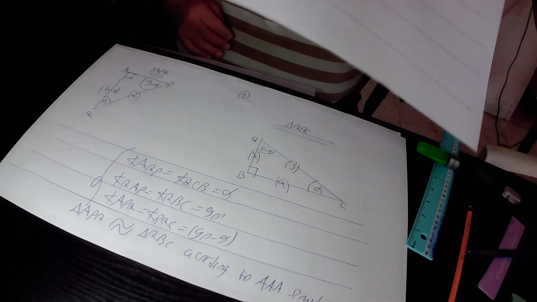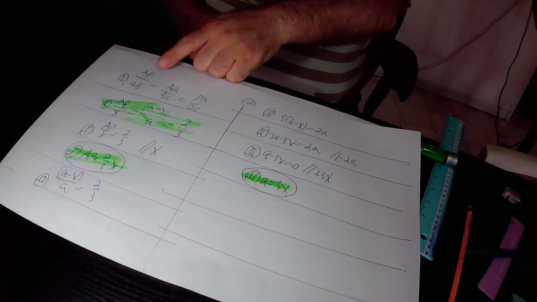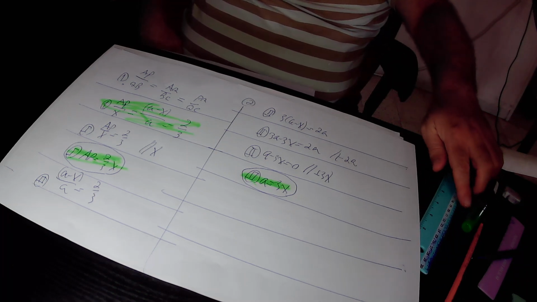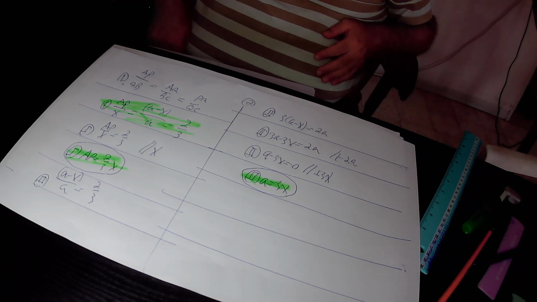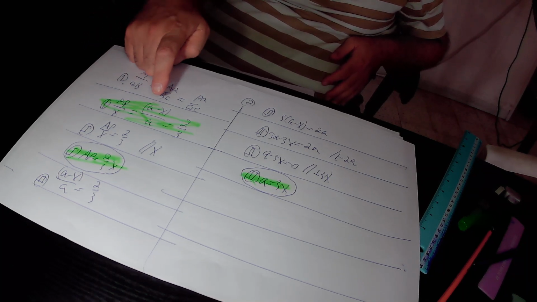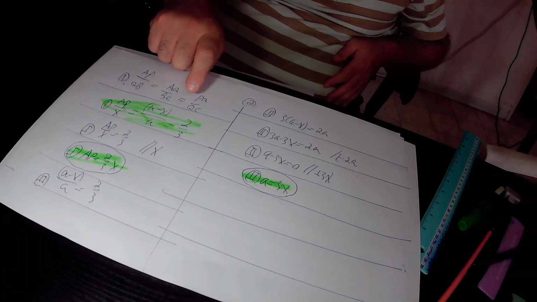Again, according to equation 1, AP over QB equals AQ over BC equals PQ over QC. AP is the missing side, so we leave it as it is. QB is x, AQ is a minus x, BC is a, PQ is 2 and QC is 3.